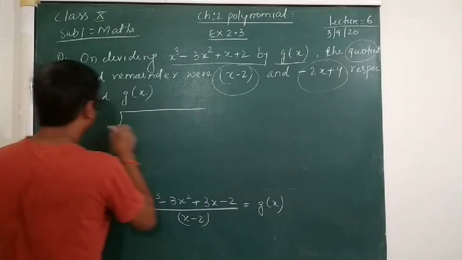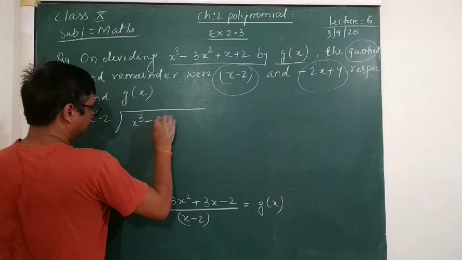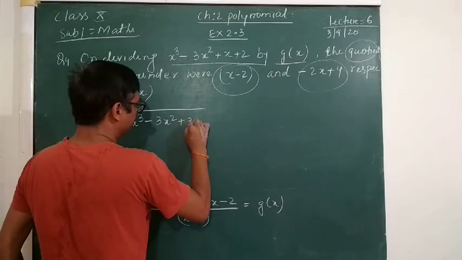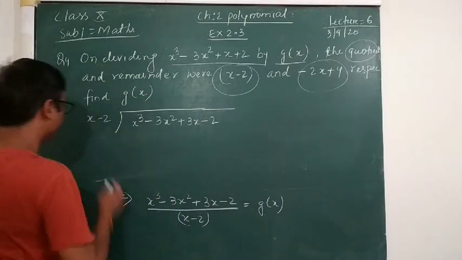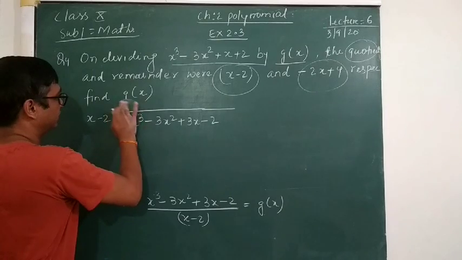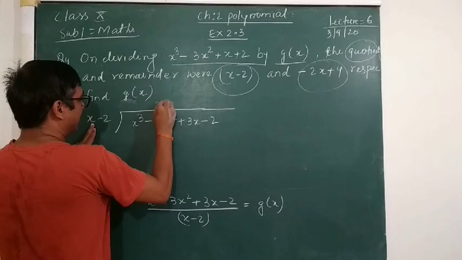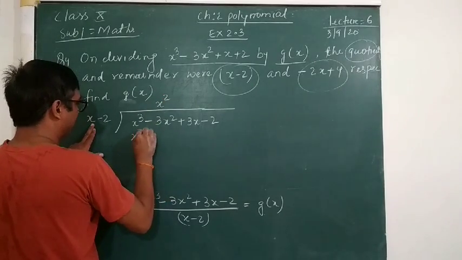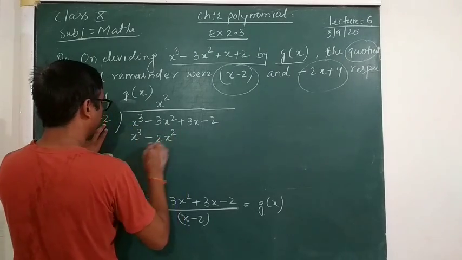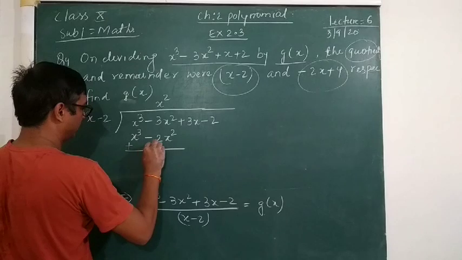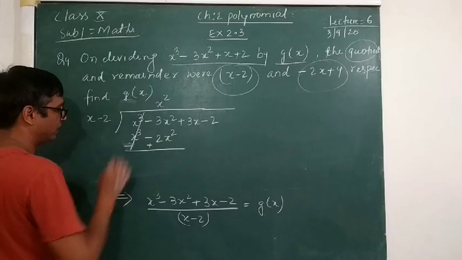First we write here x minus 2, and given is x cube minus 3x square plus 3x minus 2. If you divide it by x minus 2, what to do first? See, x cube is there, x is there, so you can write x square. So it will be x cube minus 2x square. The sign changes, so it becomes 0.